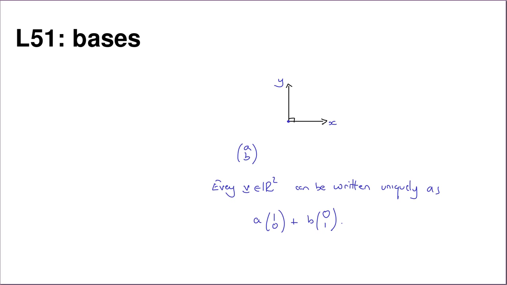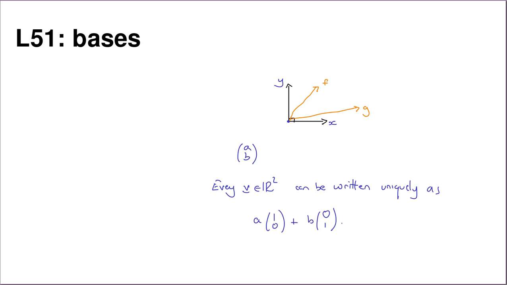Now, other coordinate systems are possible if you choose, in fact, any two vectors which don't lie on the same line. So let's try and draw some here. Here's one, F, and here is another, G, not necessarily at right angles to each other.